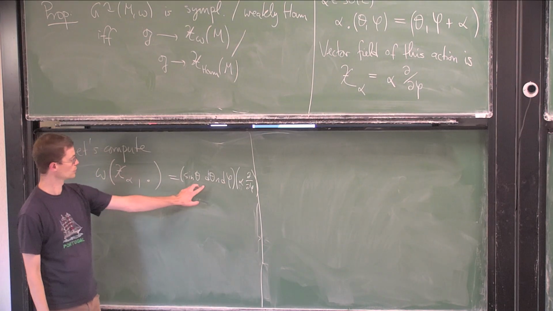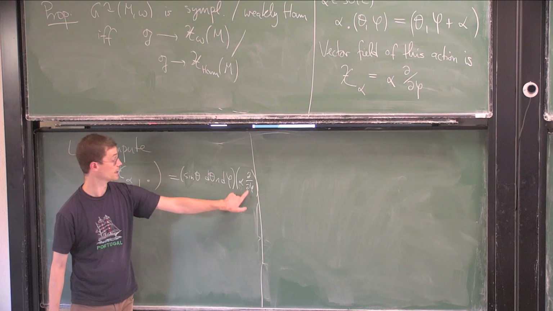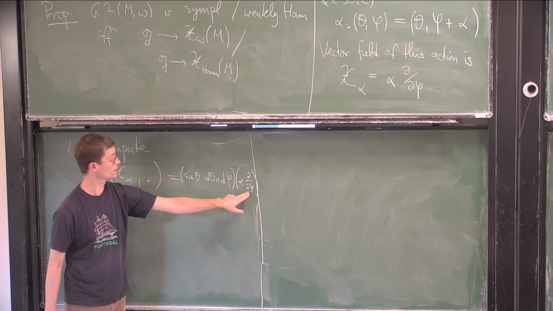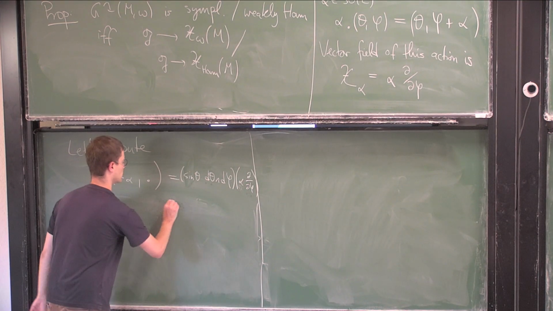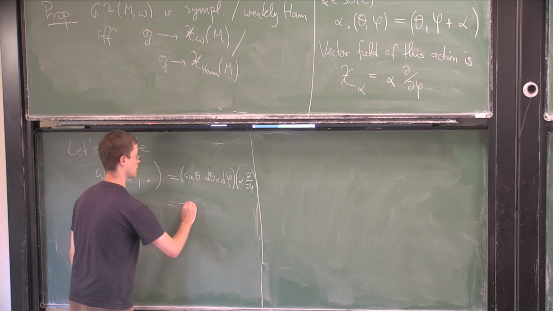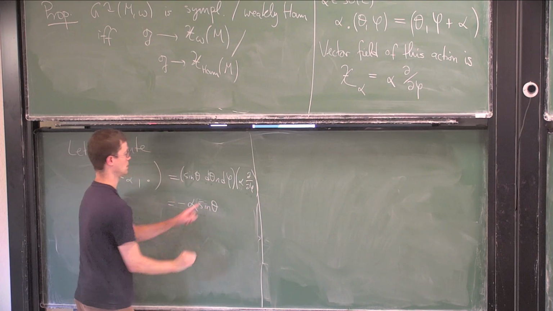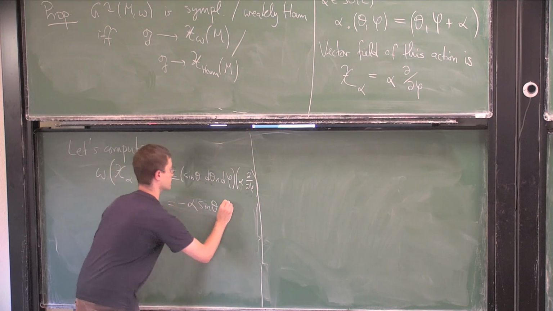So usually what would you do? You would apply d theta to this. But there is no del over del theta, so this is 0. And then you would apply d phi to it with a minus sign. So you get minus alpha sine theta, and the only thing which is left is d theta.